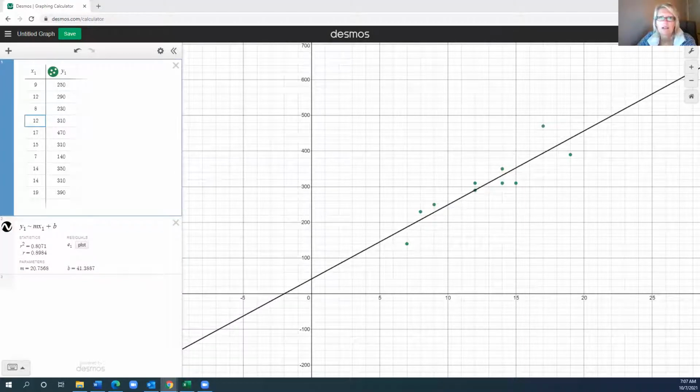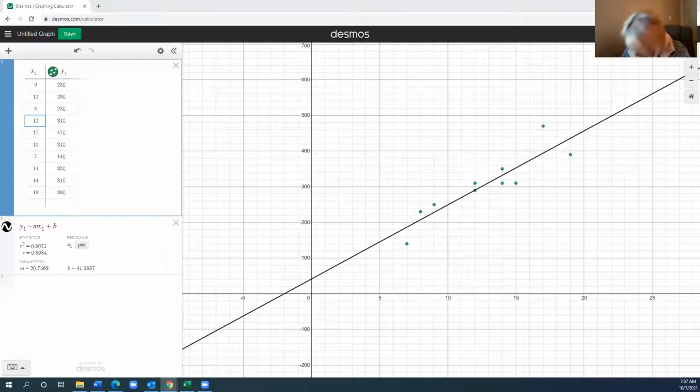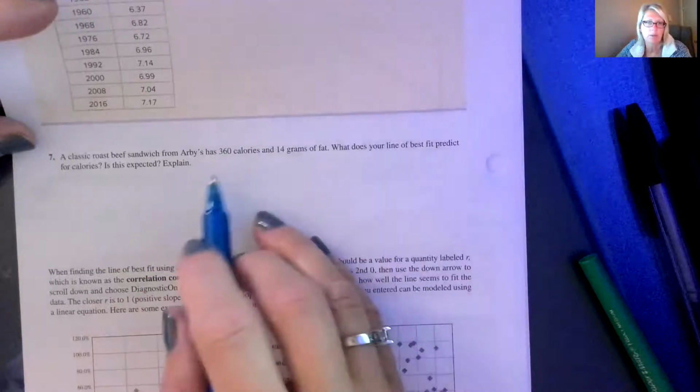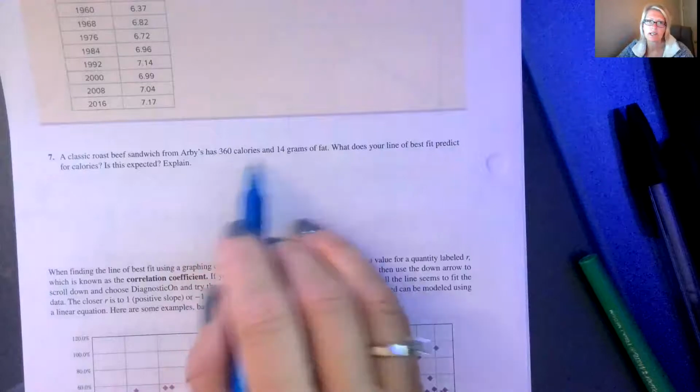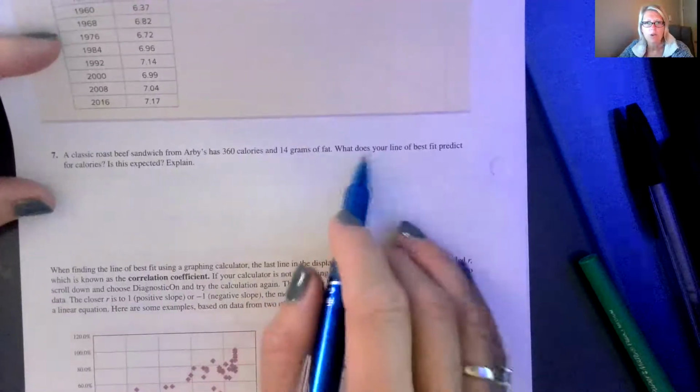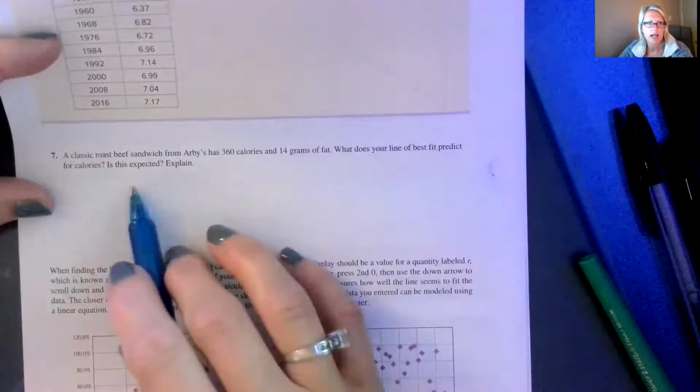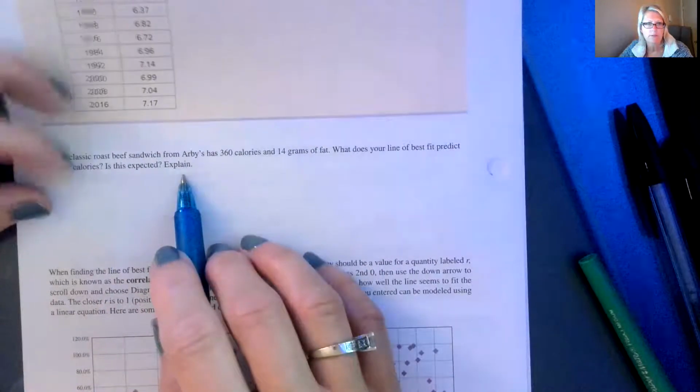So let's go back to number 7 on our paper. Number 7 says, a classic roast beef sandwich from Arby's, so it's not a hamburger, but a classic roast beef sandwich from Arby's has 360 calories and 14 grams of fat. What does your line of best fit predict for calories? Is this expected?